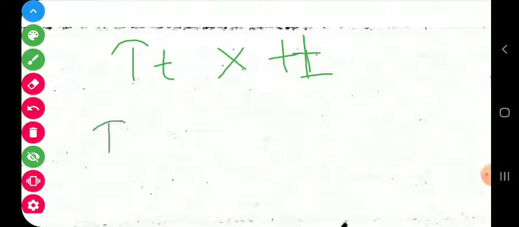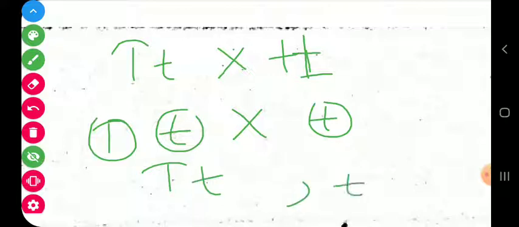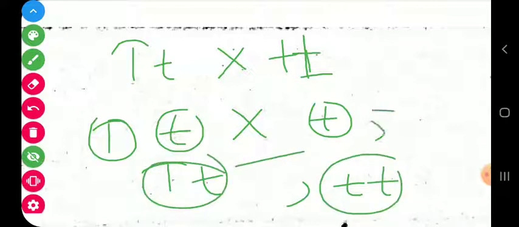You have capital T, small t alleles, and the other plant has small t, small t alleles. So we are doing a cross. What you get here is a 50-50 thing. You get capital T, small t plants, and you get small t, small t plants. This is 50% and this is also 50%.